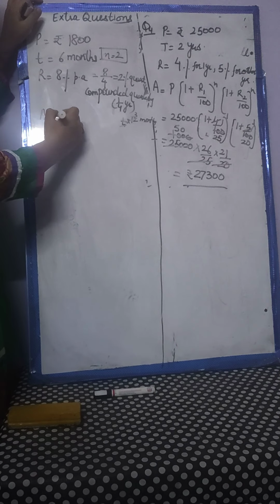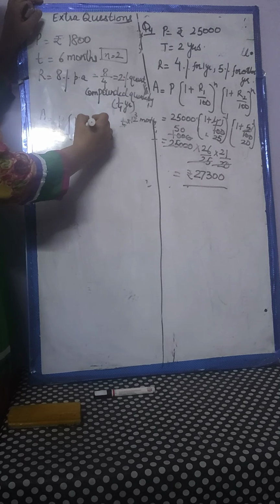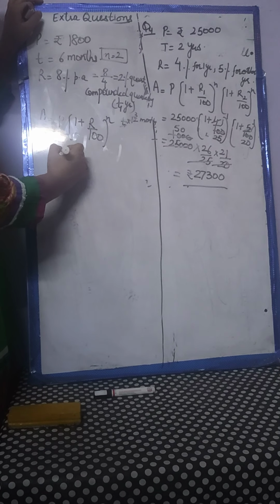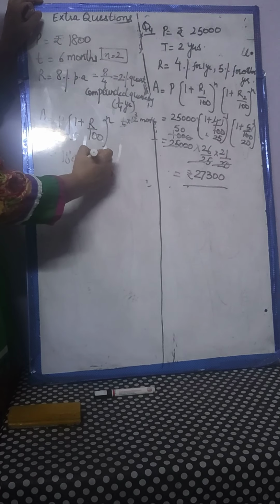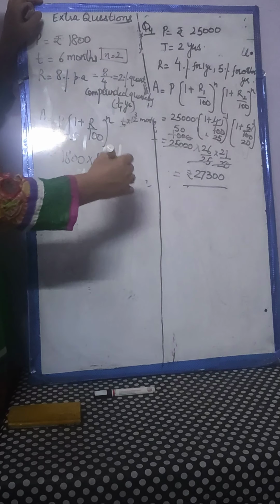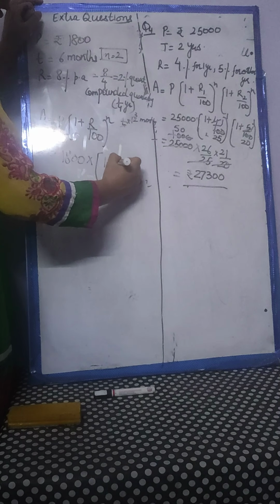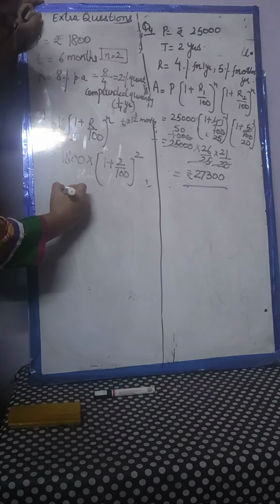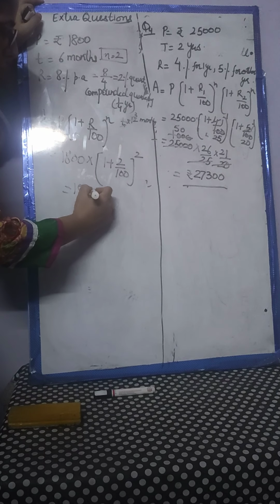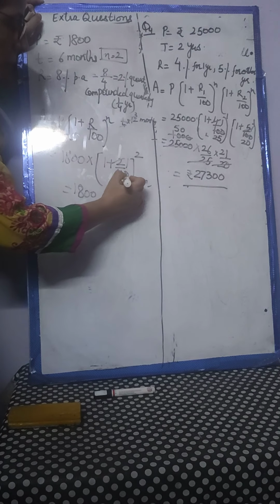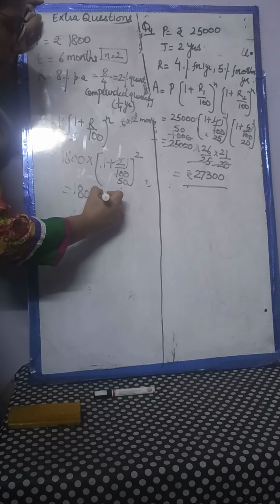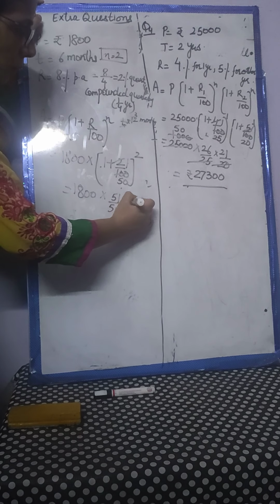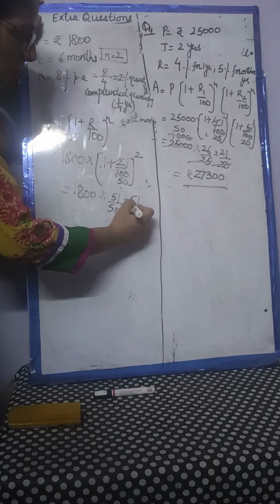Now we have to find A. P into 1 plus R by 100 whole raised to power n. 1800 into 1 plus 2 by 100 raised to power 2. 1800 into 51 by 50 into 51 by 50.